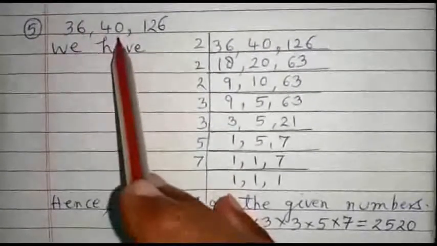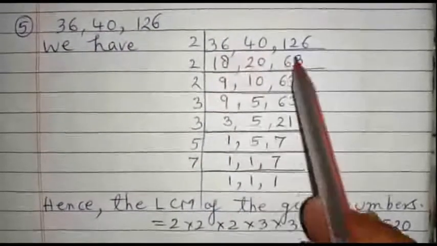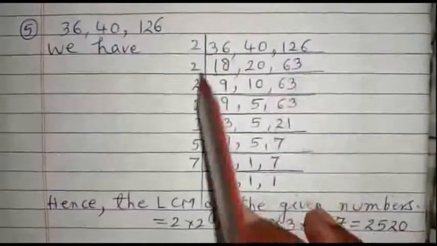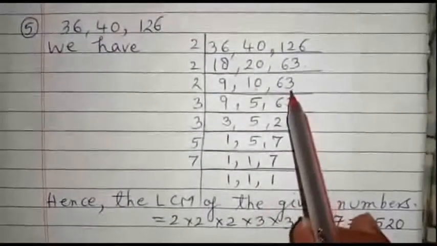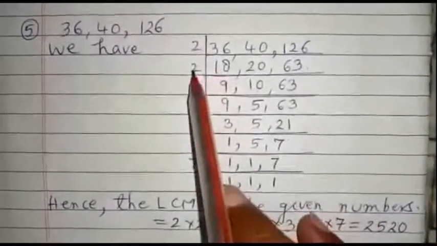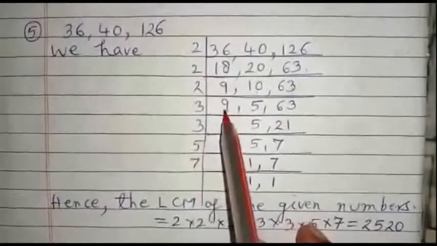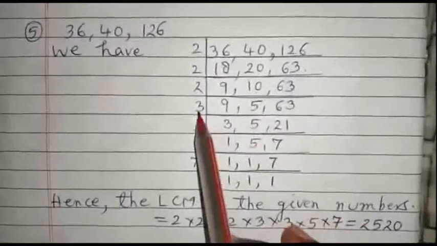36, 40, 126. We have 36, 40, 126 divided by 2 we will get 18, 20, 63. Divided by 2 we will get 9, 10, 63. As 63 is not divided by 2, we write it as it is, 63. Now again we write 2, 9, then 5, then 63. Then again we write 3.